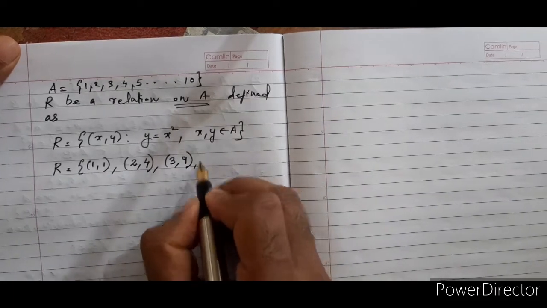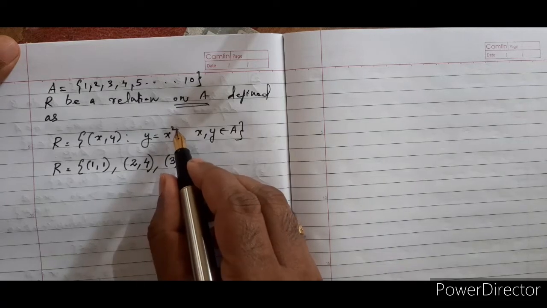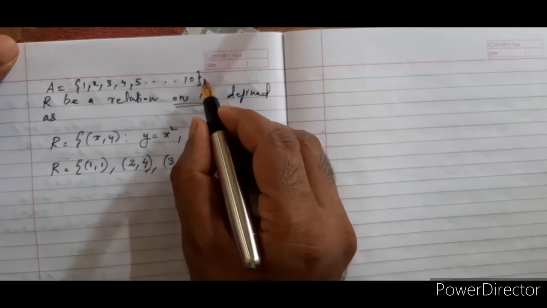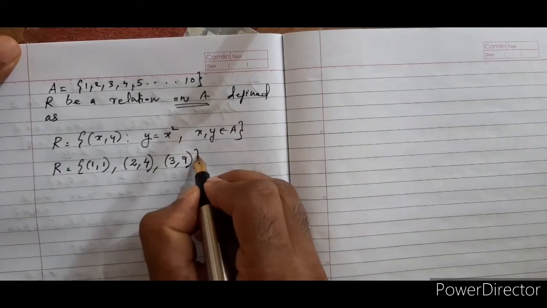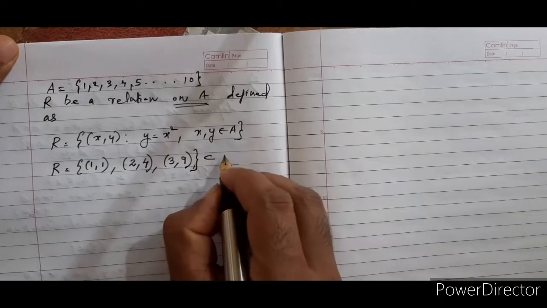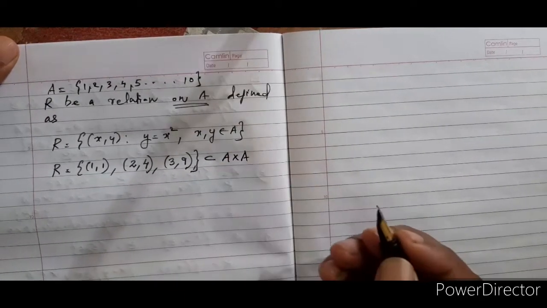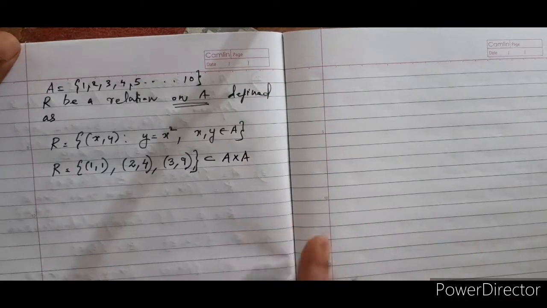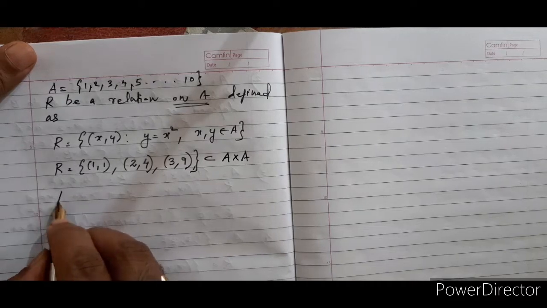If we take x as 4, what is the value of y? It will be 16. But 16 is not in this set. So R contains only 3 elements. Clearly R is subset of A cross A. Suppose we can ask question also, find R inverse.